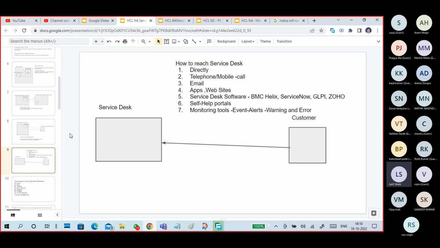Or maybe you will call your supporting team, internal or external, or a toll free number, right? We call and report that this is an issue, and we send a mail. Last time I got a problem with my insurance.